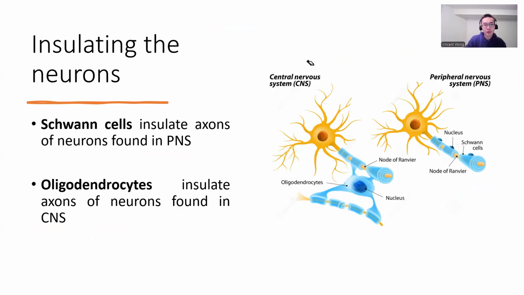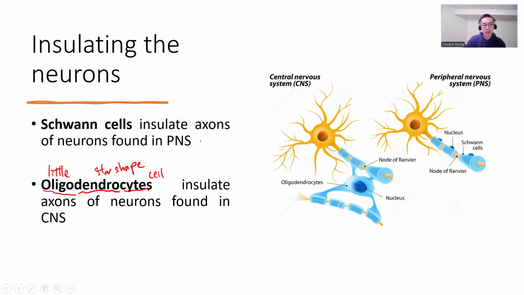In the central nervous system inside the brain, the cell that forms the myelin is called the oligodendrocyte. Oligo is little, dendrocyte, it's like star shape. You already know cyte, cells.